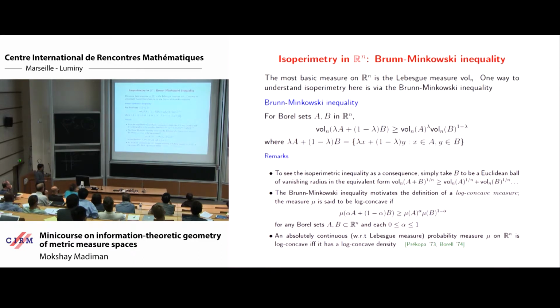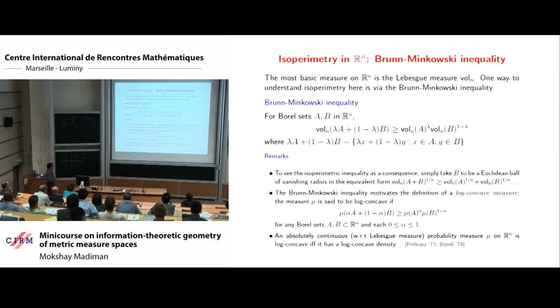I'll actually point out why this is true in a second, but it turns out that if you look at probability measures with densities on Rn, then a probability measure is log concave if and only if it has a log concave density.